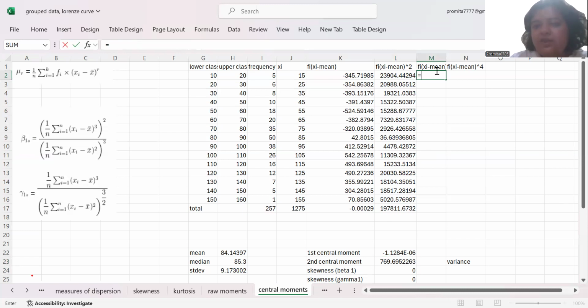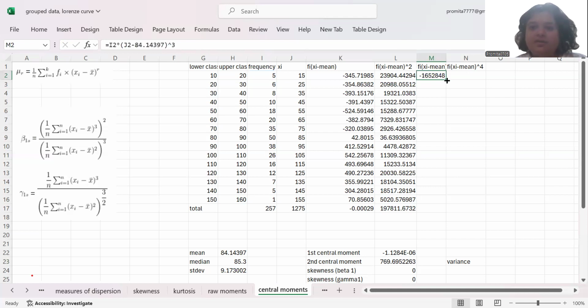Next, I will calculate the third central moment. So it is fi into this minus 84.14397 and this whole cube.